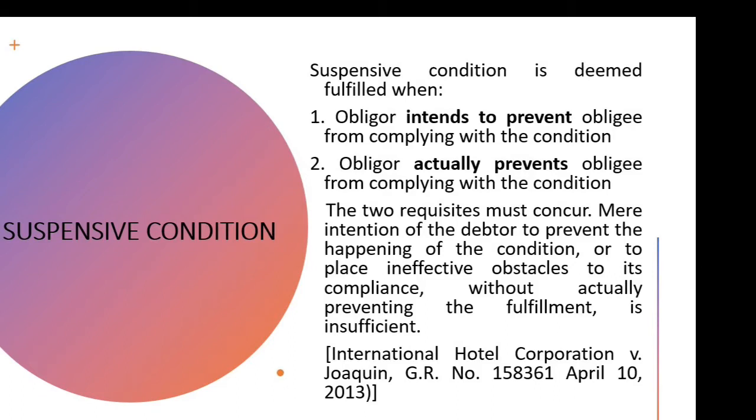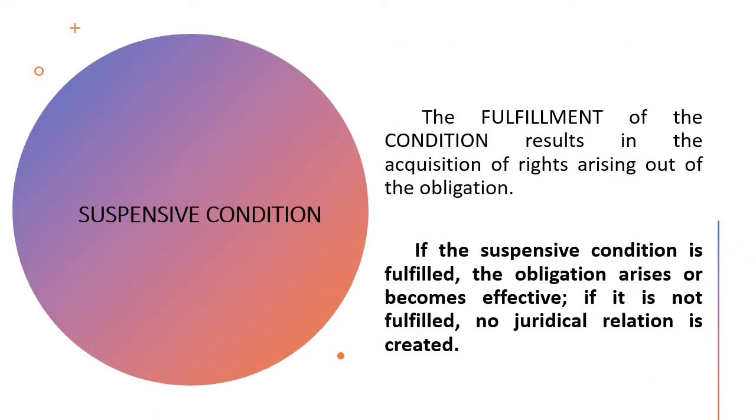International Hotel Corporation versus Joaquin. In essence, conditions are traditionally classified as suspensive when the fulfillment of the condition results in the acquisition of rights arising out of the obligation. If the suspensive condition is fulfilled, the obligation arises or becomes effective.